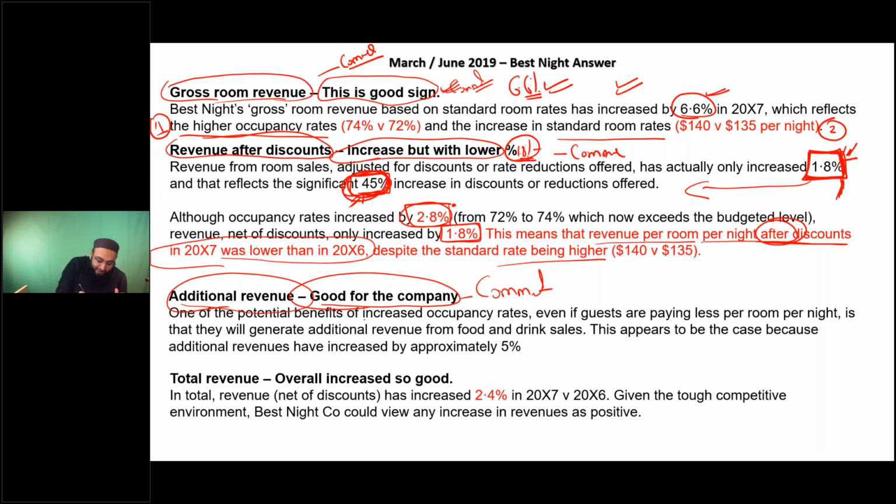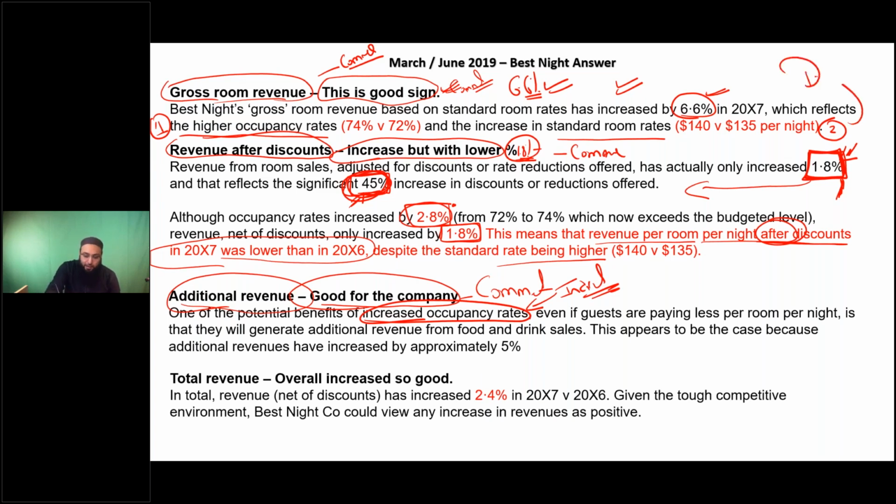In the scenario, it was never mentioned that occupancy increase resulted in additional revenue. No, never written. You will not find a direct link. So here I'm doing an indirect link. And that is that yes, it's the occupancy increase that helped to improve the revenue. This is the indirect link I've done.